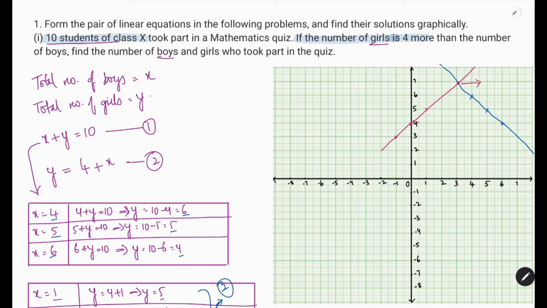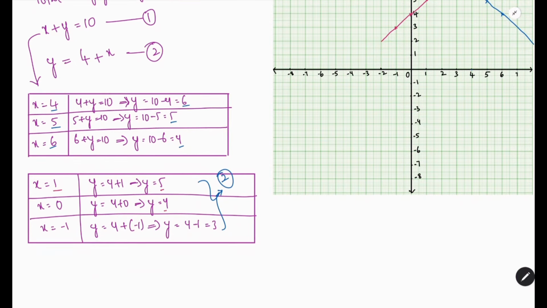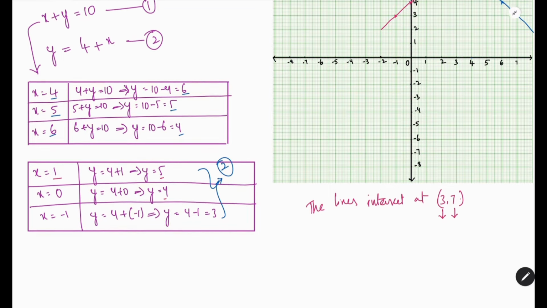Okay, these two lines are intersecting and there is a unique solution, and this point is 3, 7. Here the lines intersect at 3, 7. So here 3 represents x-axis and 7 represents y-axis.